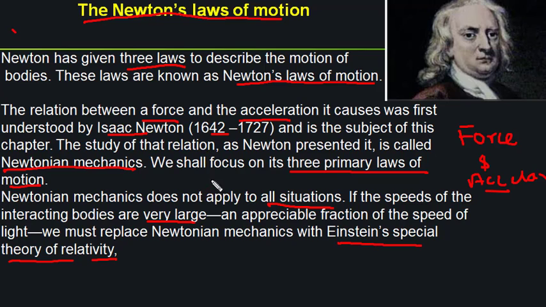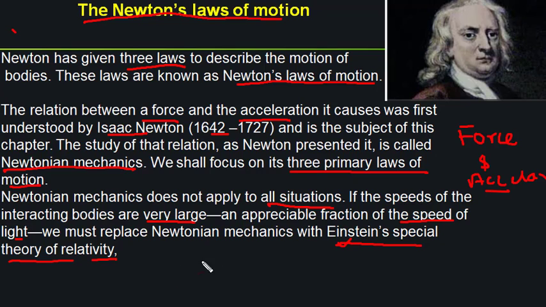If the velocity of the object is comparable to the velocity of light, then these laws fail, and they are replaced by another great scientist, Einstein's special theory of relativity.